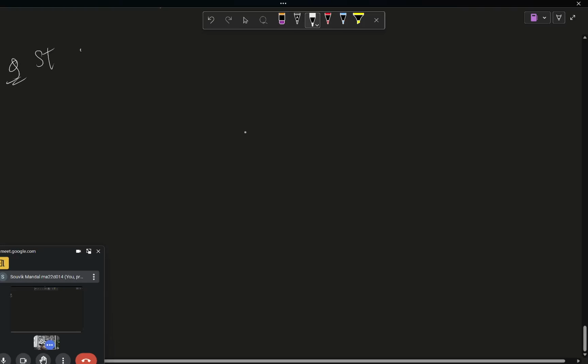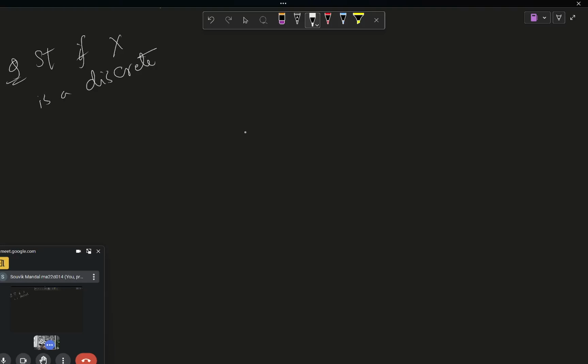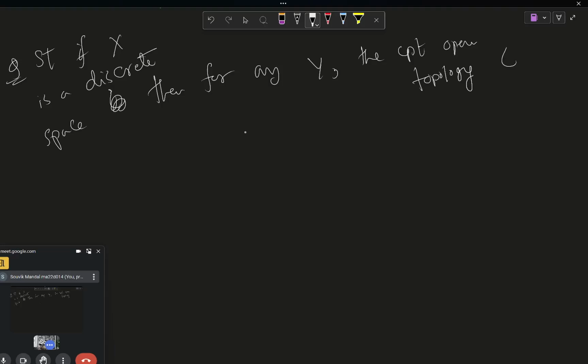Show that if X is a discrete space, then for any Y, the compact-open topology is the product topology on Y to the power X. So how to do it?